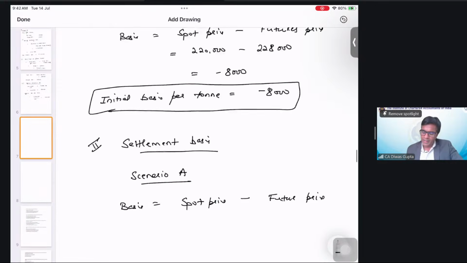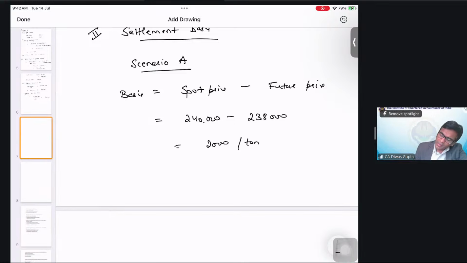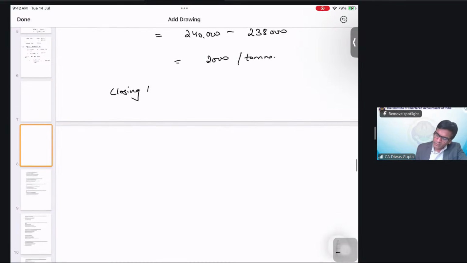What is the spot price? 2,40,000 minus 2,38,000. So 2,000 rupees per ton becomes the basis. So the closing basis, or we can say settlement basis, is equal to 2,000 rupees per ton.